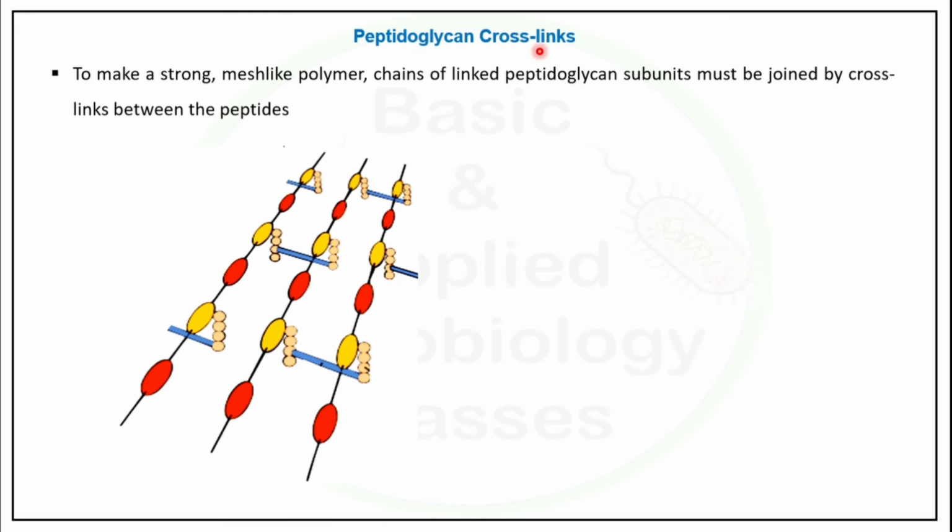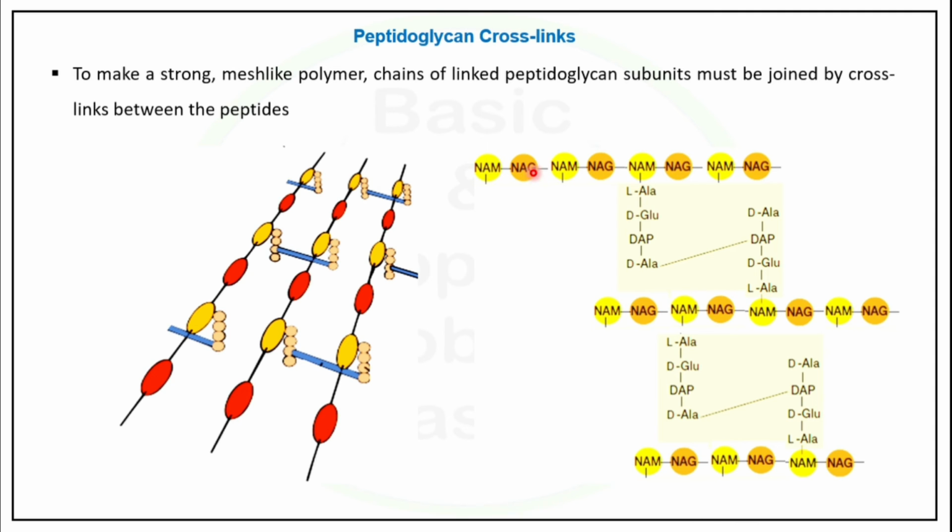Is it between sugar and sugar, or sugar and tetrapeptide, or tetrapeptide and tetrapeptide? You should be clear that cross-linking occurs between peptides, between peptide chains. It is not between sugars. This picture will make you further clear about it.